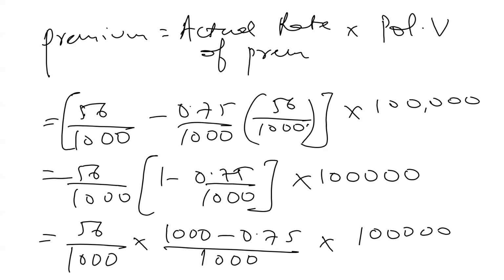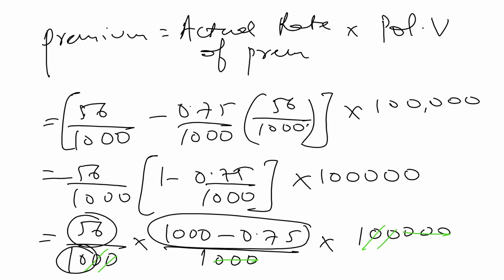Okay. So we'll just calculate this further. Cancellation of the zeros. So 56 upon 10 into, you have to subtract this 1000 minus 0.75, so 999.25. 56 upon 10 into 999.25.